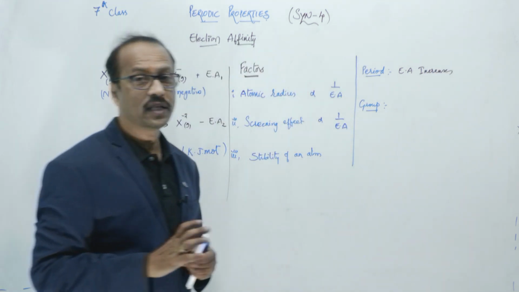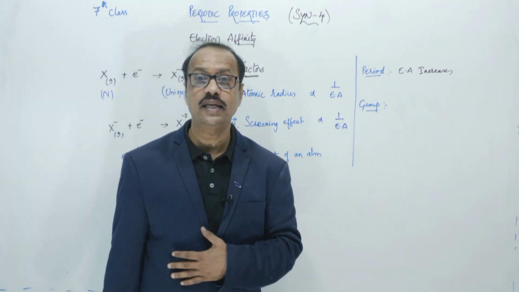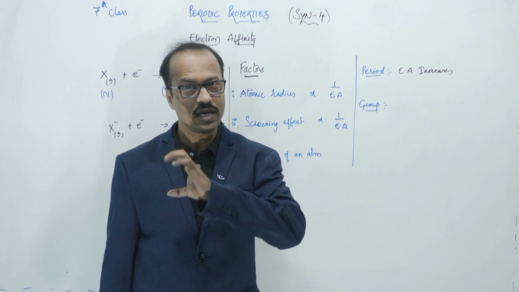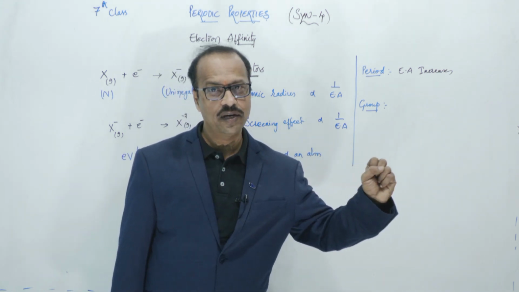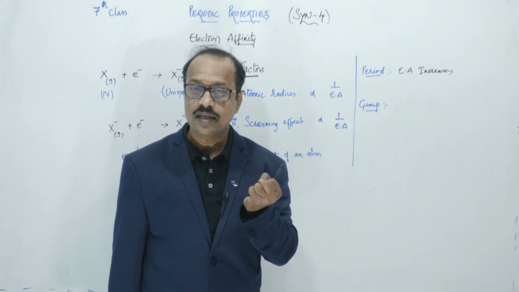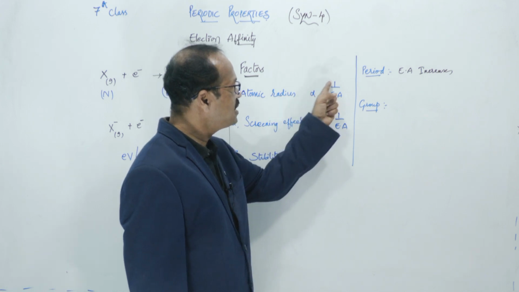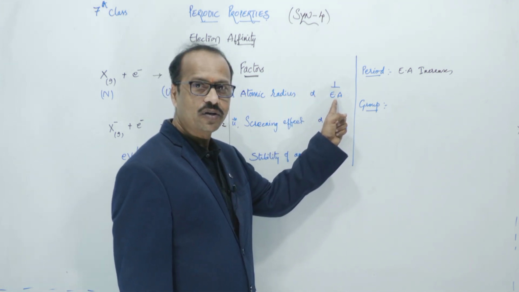Now, try to think about why the electron affinity increases. Because as we move from left to right, we discussed that in the period, atomic size decreases. Yes or no? Atomic size decreases. So atomic size is inversely proportional to the electron affinity.